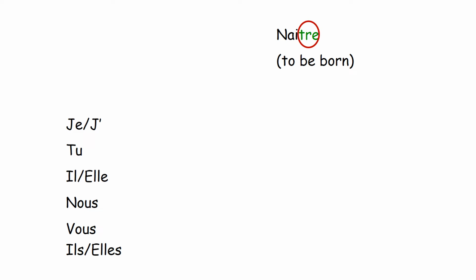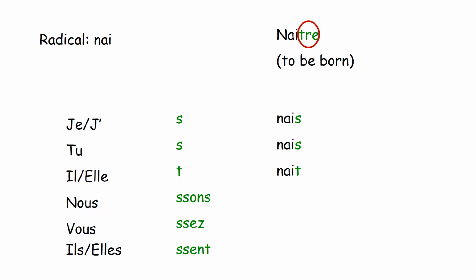We remove TRE and with the radical NAI we add the endings S, S, T, double S ONS, double S EZ, double S ENT. So it will be conjugated this way. Je nais, tu nais, il or elle naît, nous naissons, vous naissez, ils or elles naissent.